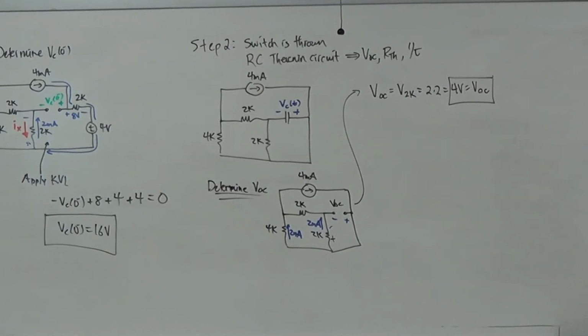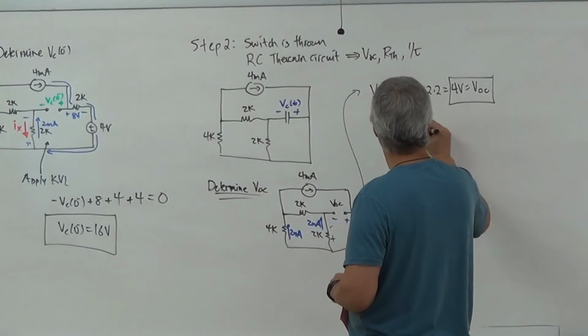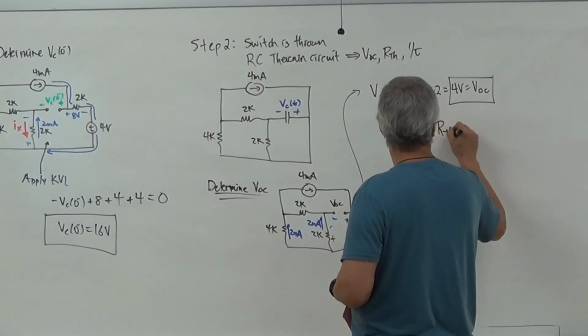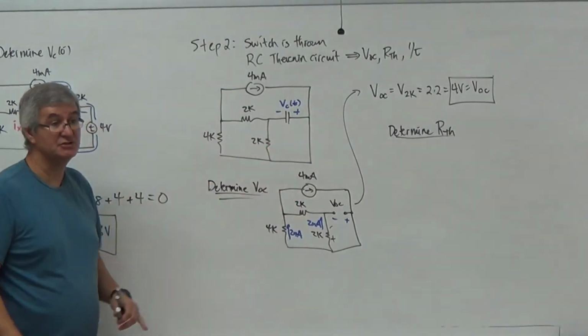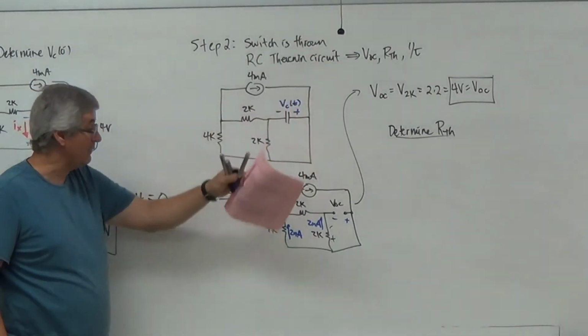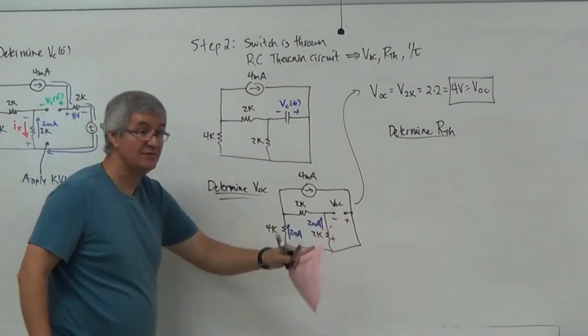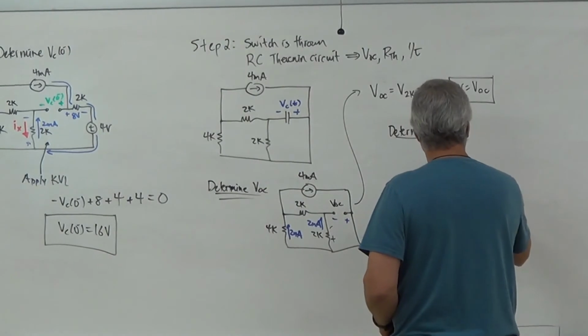Okay. So now I'm going to go determine RTH. No dependent sources here, so what am I going to do? I'm going to open that, and then I'm going to look for the Thevenin resistance there. So I got an open here.